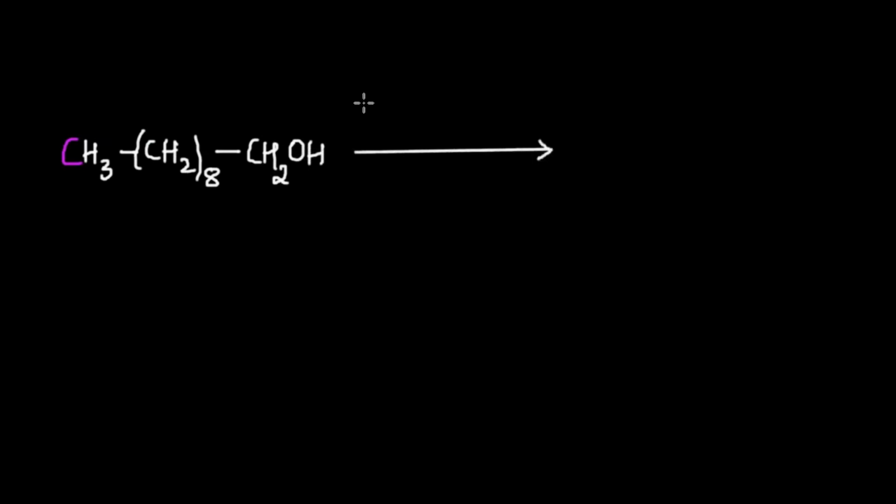So an example would be 1-decanol, with chromic oxide in acidic medium is going to give you decanoic acid.